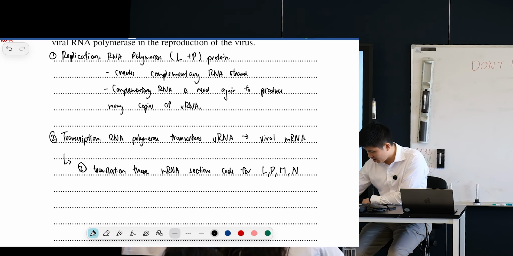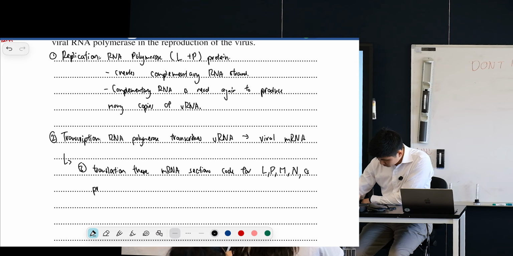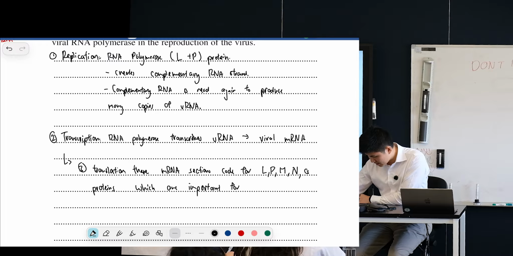Was it G? I don't remember. G proteins, which are important for virus assembly.